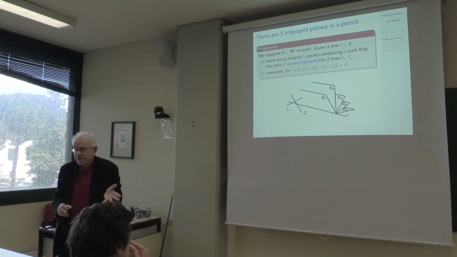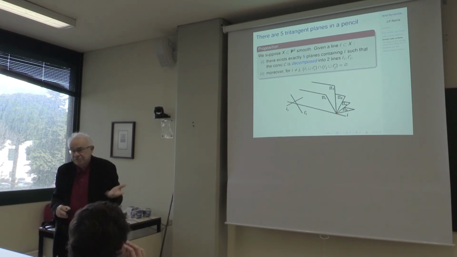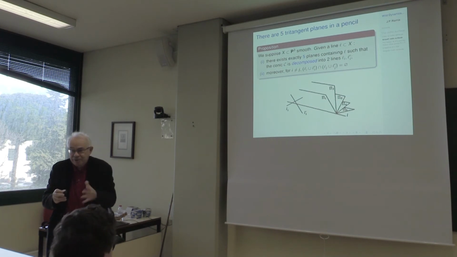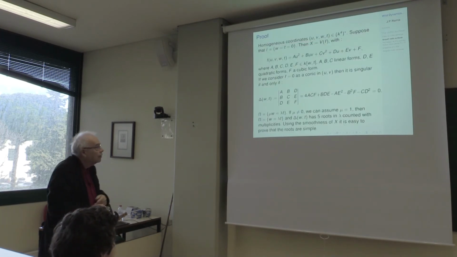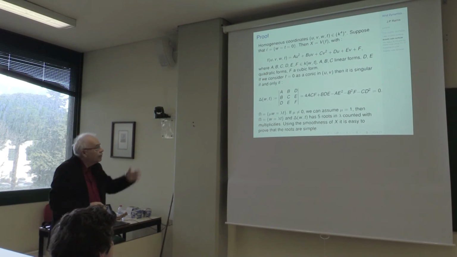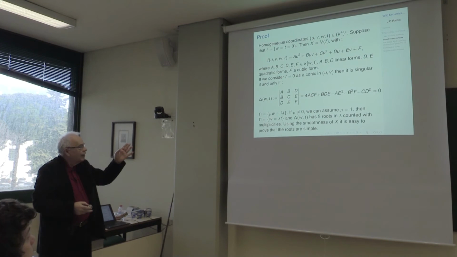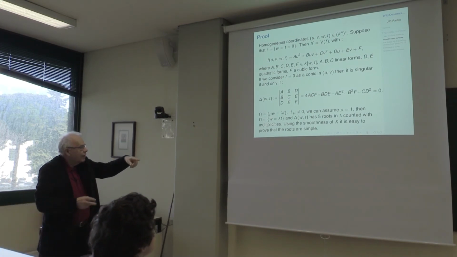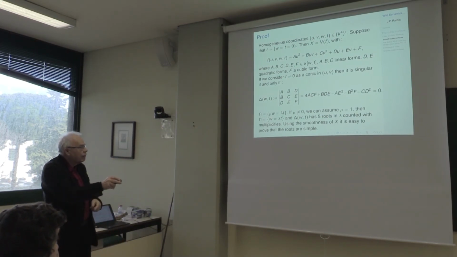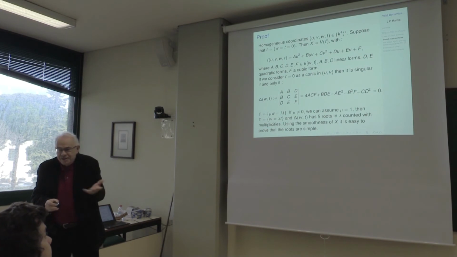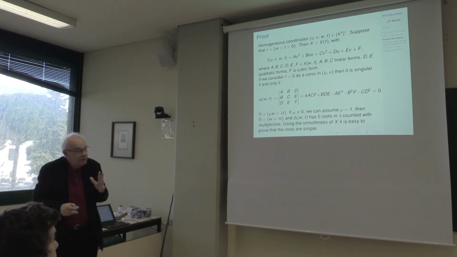If the cubic surface is smooth, then you have exactly 5. But in the general case, you can have fewer planes because you have double planes and so on. So the idea is you can compute everything. You have an equation of order 5. 5 roots, generically they are distinct, and in the smooth case you can prove quite easily that they are distinct.